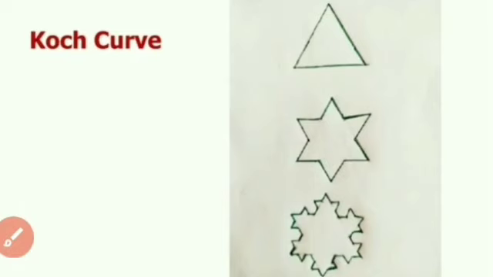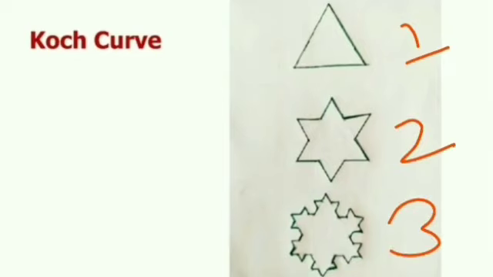These are the types, or we can say the first approximation of the Koch curve, the second approximation, and the third approximation. This is the first approximation, this is second, and this is third.